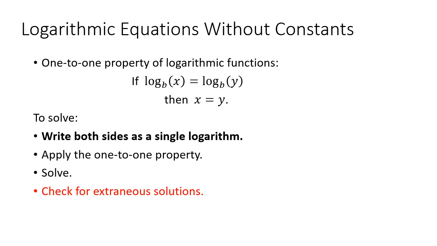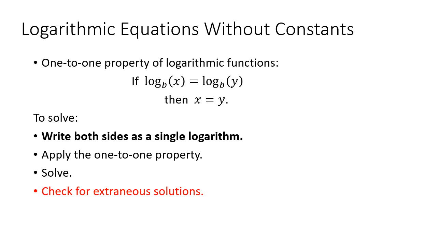Now, something to watch out for is that you always have to check for extraneous solutions when working logarithmic equations. It's a good idea to check your answers for all types of equations. It is mandatory for you to check your answers with logarithmic equations because you will get false positives sometimes.